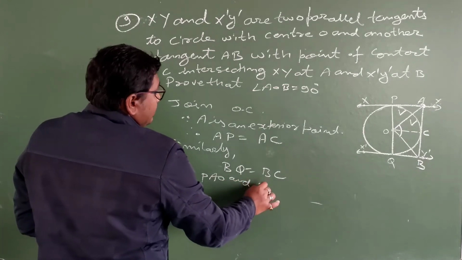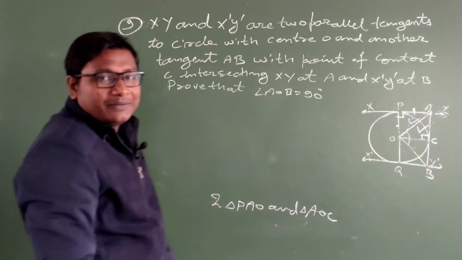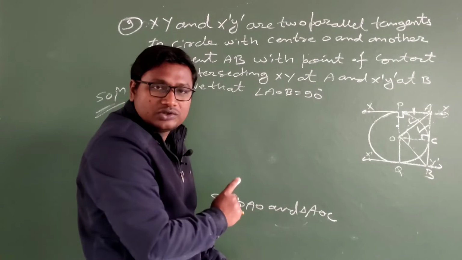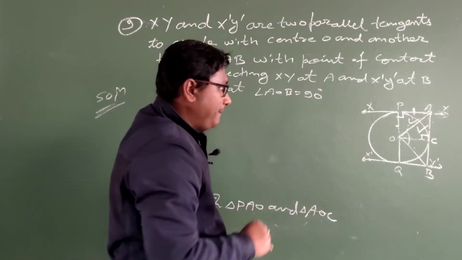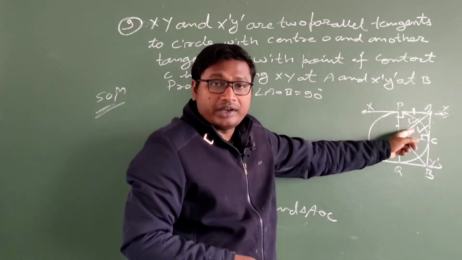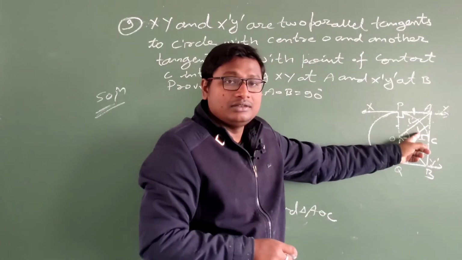Now we should write, in triangles PAO and AOC, I am going to prove these two triangles congruent. Okay friends, now we need to show that these two triangles, PAO and AOC, are congruent. For being congruent, we must have 3 equal corresponding parts of these two triangles.